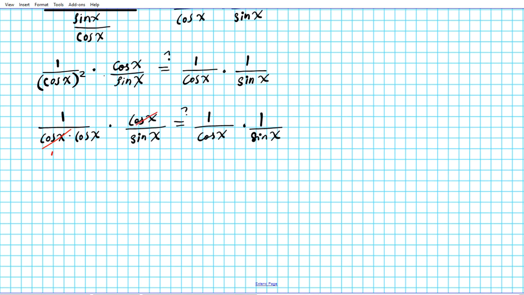This cosine and this cosine take each other out, and we'll be left with 1 over cosine x times 1 over sine x. Is that equal to 1 over cosine x times 1 over sine x? Absolutely. So we've been able to verify the given identity.